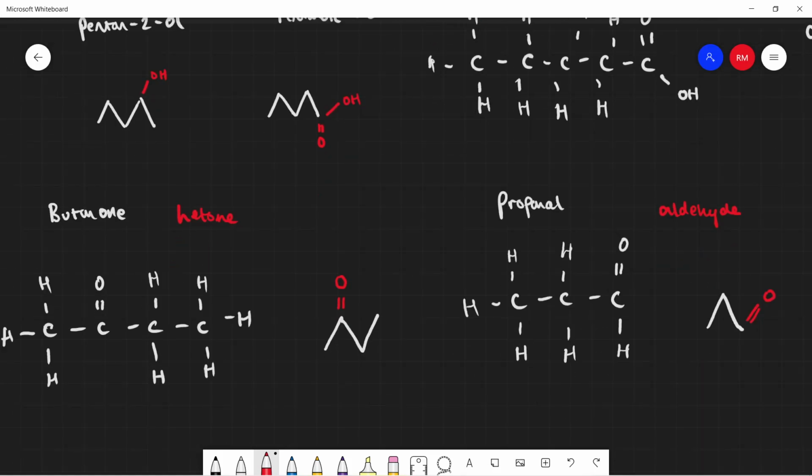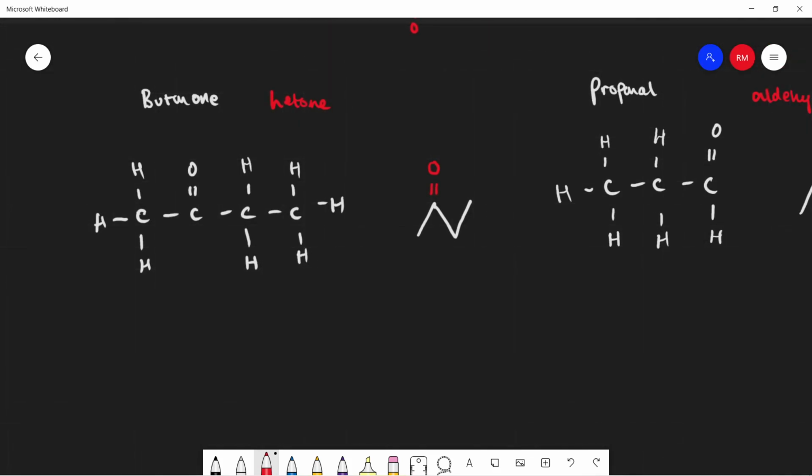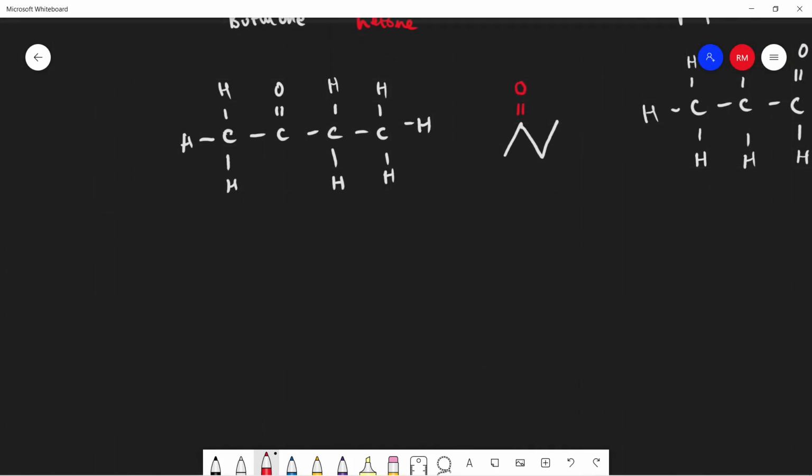So now that you guys know the basics of drawing skeletal formula, I'm going to give you three compounds to draw. So first, octane, just octane. Secondly, I want you guys to draw cyclohexane.